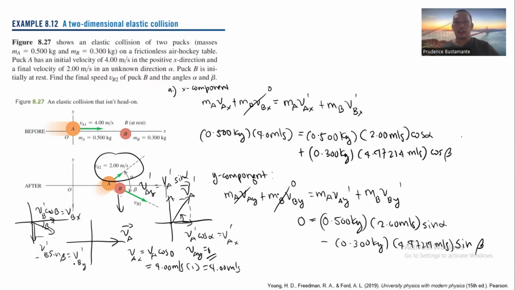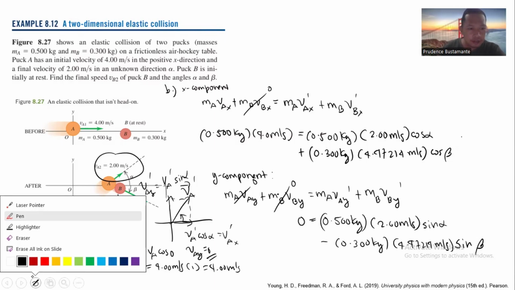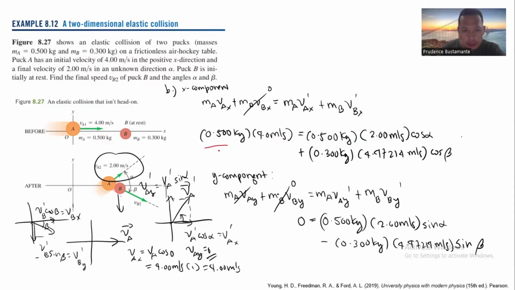So those are what we got from the conservation of momentum and from our first calculation of the final magnitude of the velocity of puck B. From these equations, let's multiply everything by 1 over kilograms, or we can just delete the kilograms, since it's the same thing here.